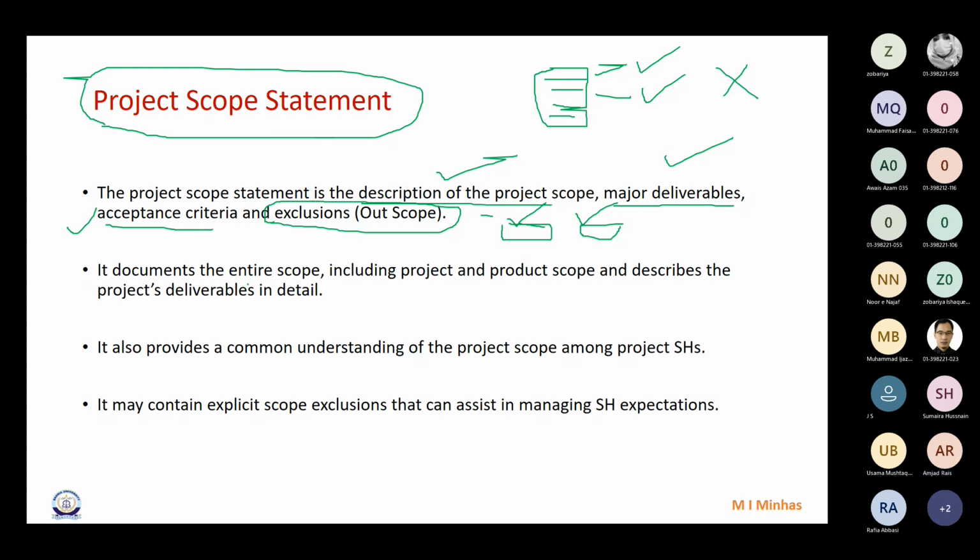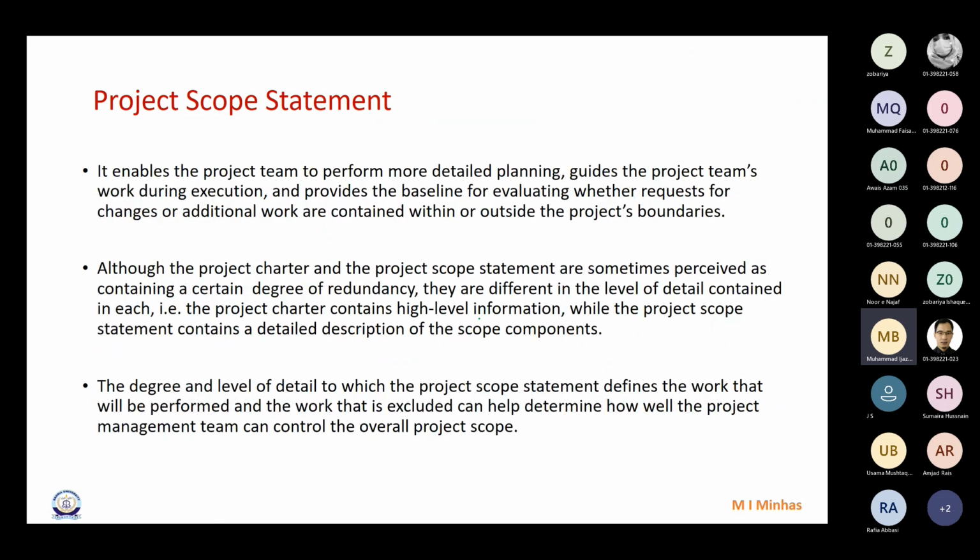Okay, sir. Right. So at the end, once you get a scope statement, it gives us a common, clear understanding among different stakeholders that this is what we have to do, right? This scope statement will tell everything about the work that we need to perform on the project. It includes both the product scope and the project scope.